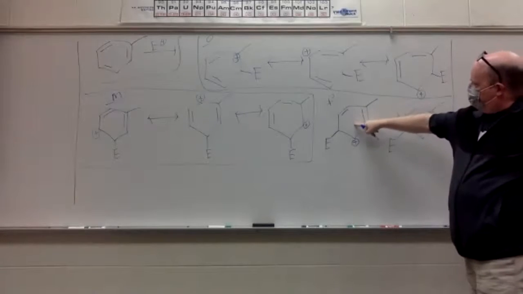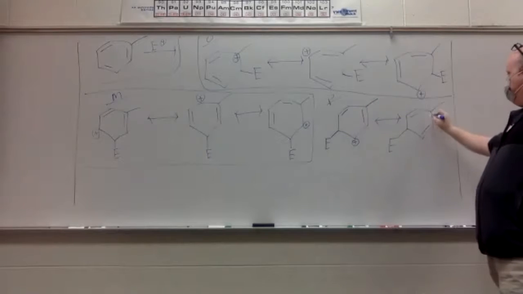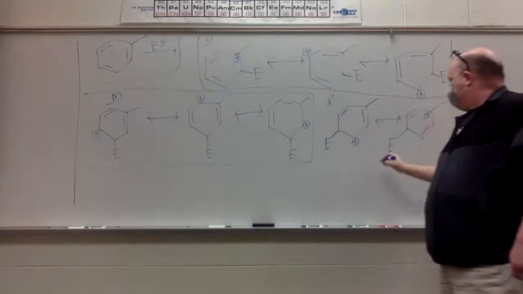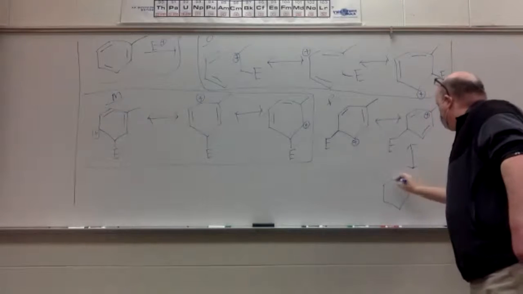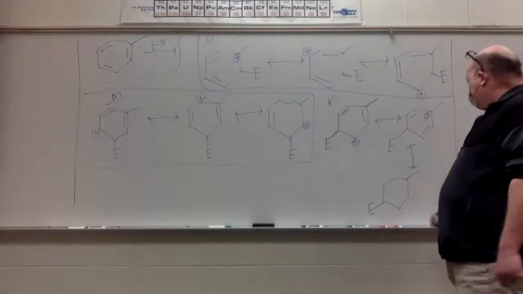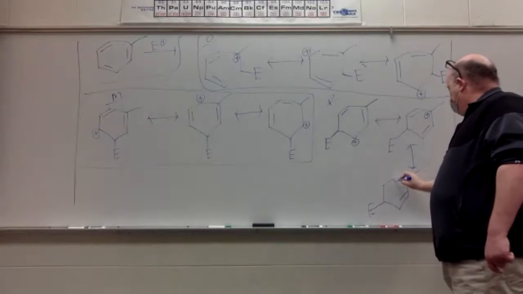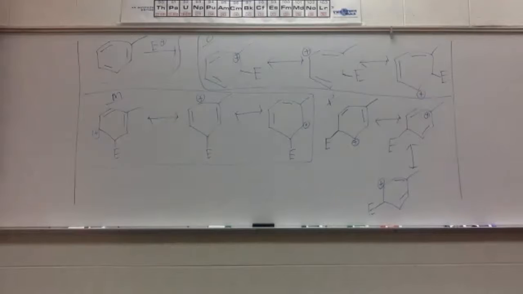This pair comes down, whoops. This pair comes down over like that. And you have one. Yeah, so in this case, you have 9 different resonance structures, 3 for each hypothetical position.